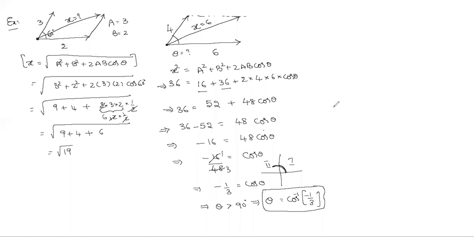Sir, the theta can even lie in the third quadrant, no, sir? Cos is negative in the third quadrant also. You are saying that theta may lie in third quadrant also. Theta is greater than 90 means it can come in third quadrant also. Yes, obviously.